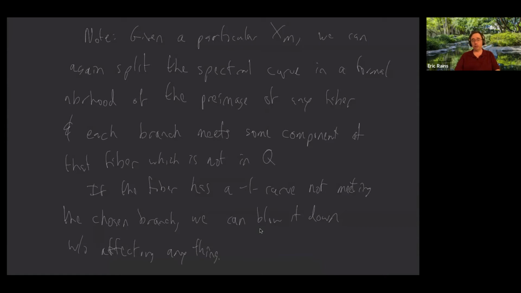Okay, moreover, when we do this, what we're going to find is that our chosen branch is necessarily going to meet a -1 curve.